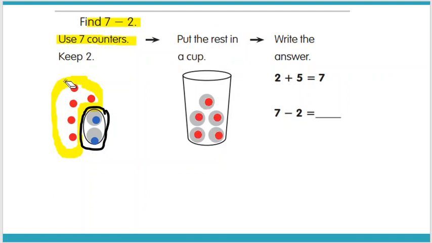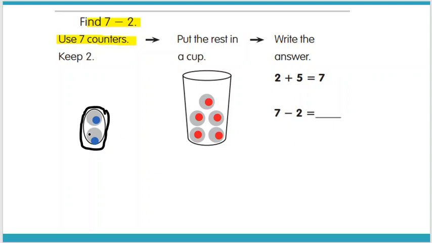Alright, so let's erase these little guys right here real quick. So select that, and we'll delete those. Here we go. Now we're going to look over here. It says write the answer. 2 plus 5 equals 7. And now we also know 7 minus 2.